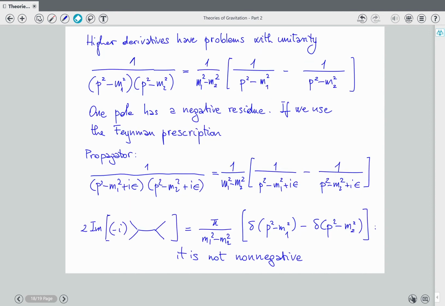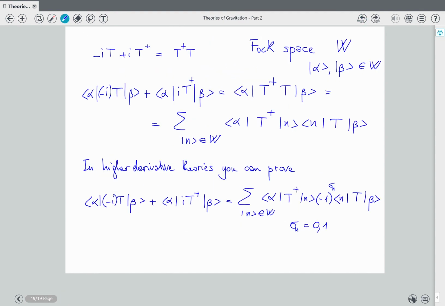And the sign is this sign here. So this is called the pseudo unitarity equation.